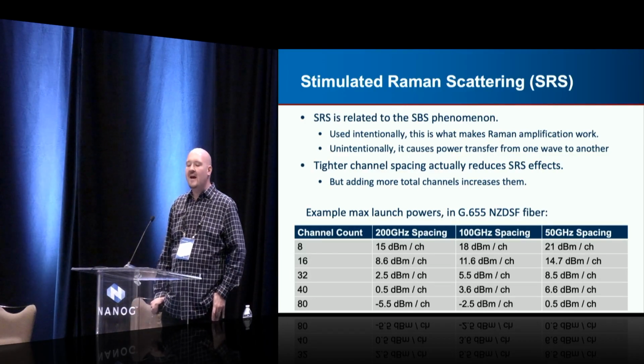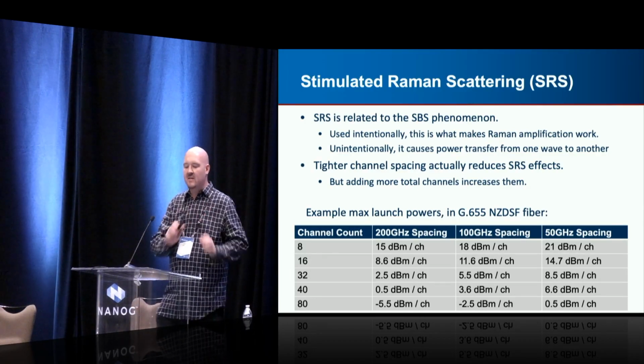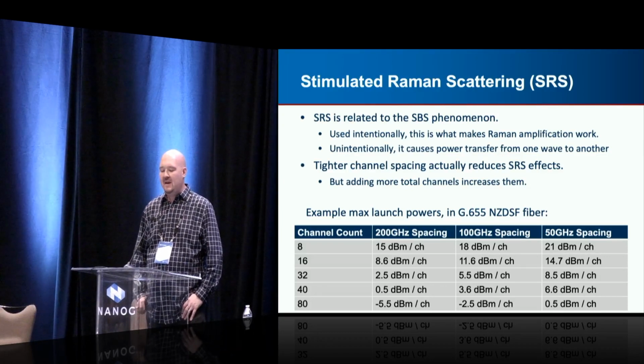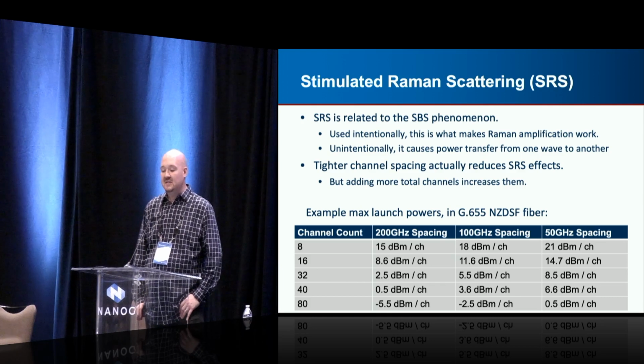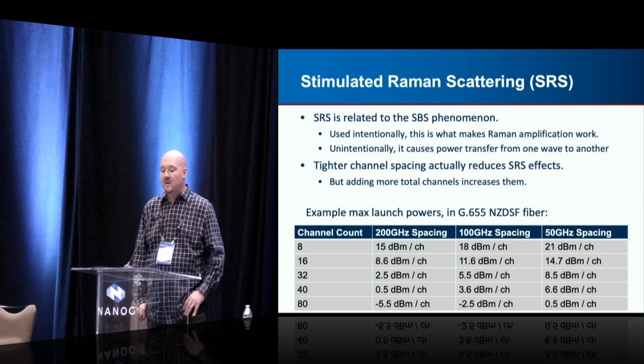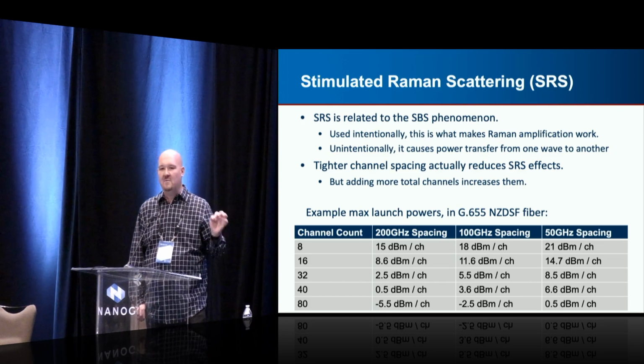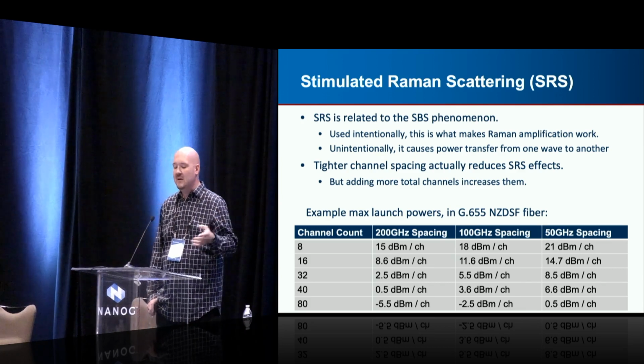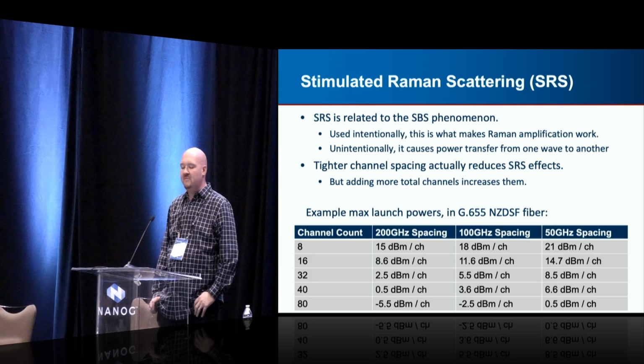SRS, the tighter you pack the channels, the more it affects them. So if you have a 80 channel system, the more channels you have, the more it impacts it, but the tighter you pack them, the less it impacts it. So you have this big grid of different performance, right?